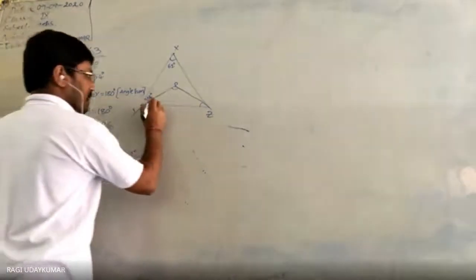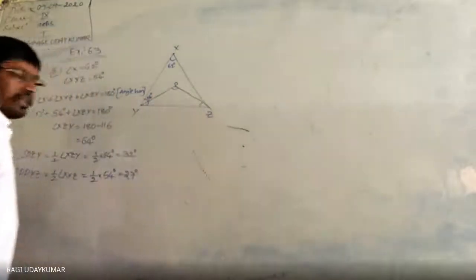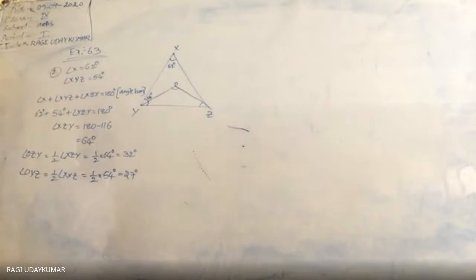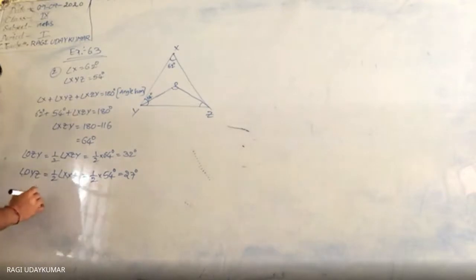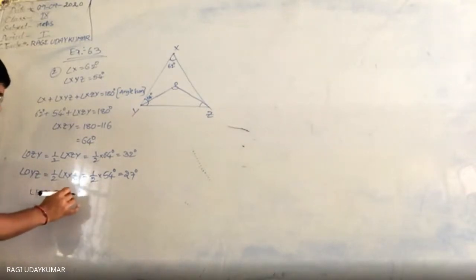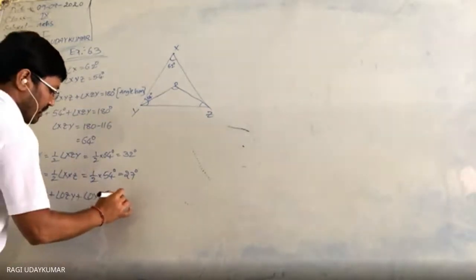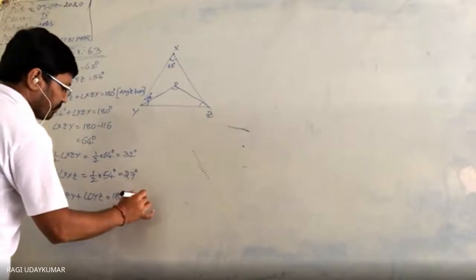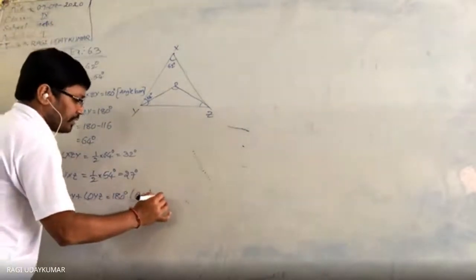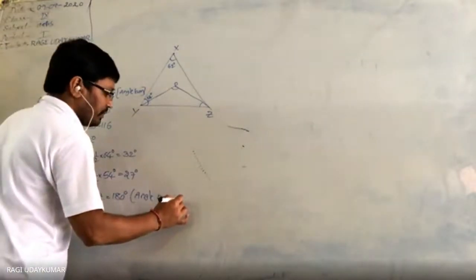So now this is 27 and this is 32. And angle YOZ we need to find. So angle YOZ plus angle OZY plus angle OYZ is equal to 180 degrees, the angle sum in triangle OYZ.